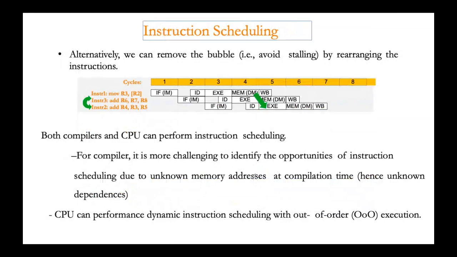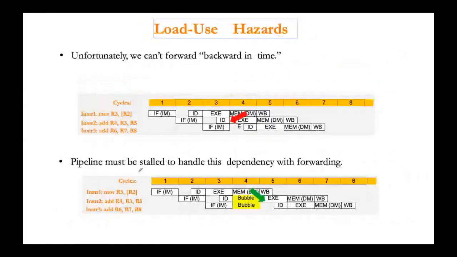And another one is instruction scheduling. Instruction scheduling or instruction reordering will also reduce the number of cycles to execute. Alternatively, we can remove the bubbles or avoid the stalling by rearranging the instructions. In this example, your second instruction depends upon your first instruction.